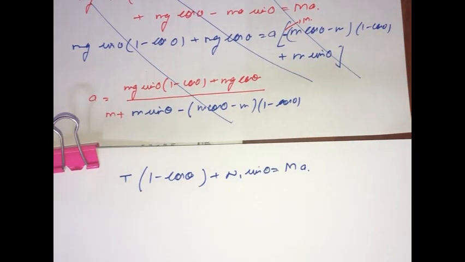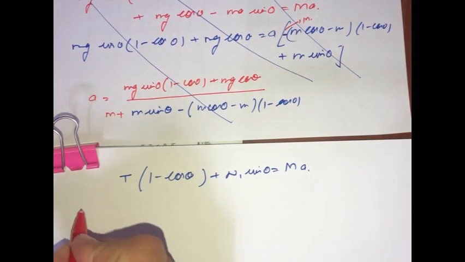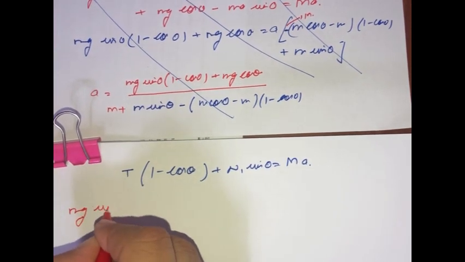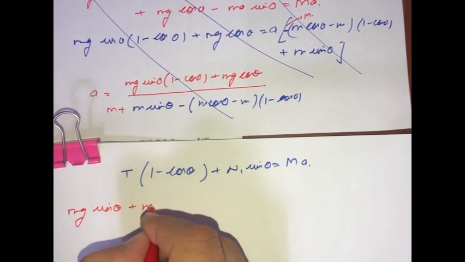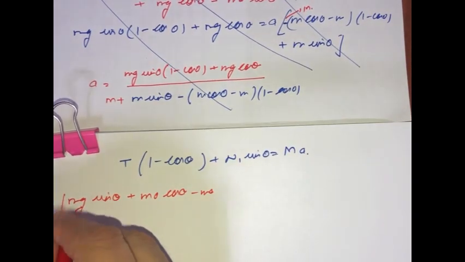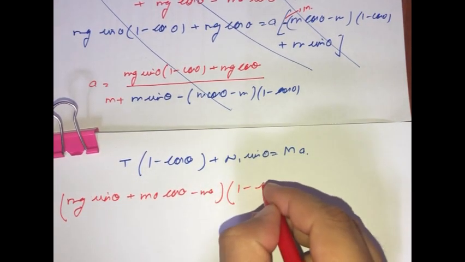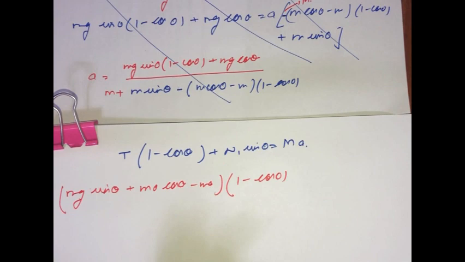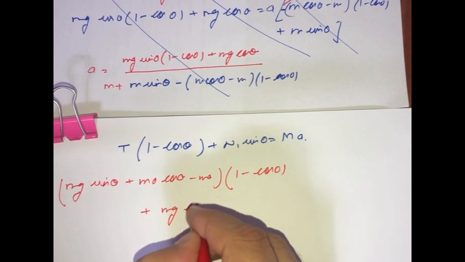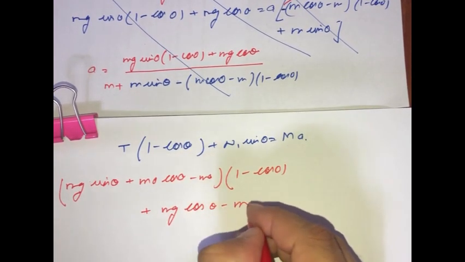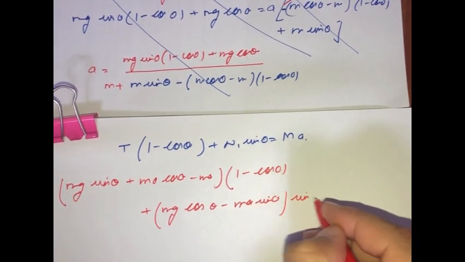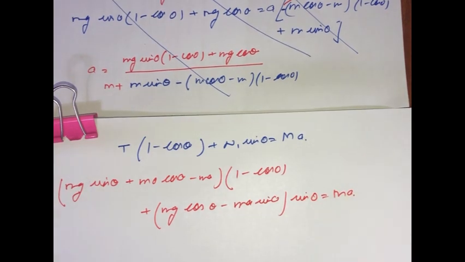We put the value of T. So value of T is mg sin theta plus ma cos theta minus ma, multiplied by 1 minus cos theta, and we have N1, we have mg cos theta minus ma sin theta, and this is being multiplied by sin theta, which is equal to ma.